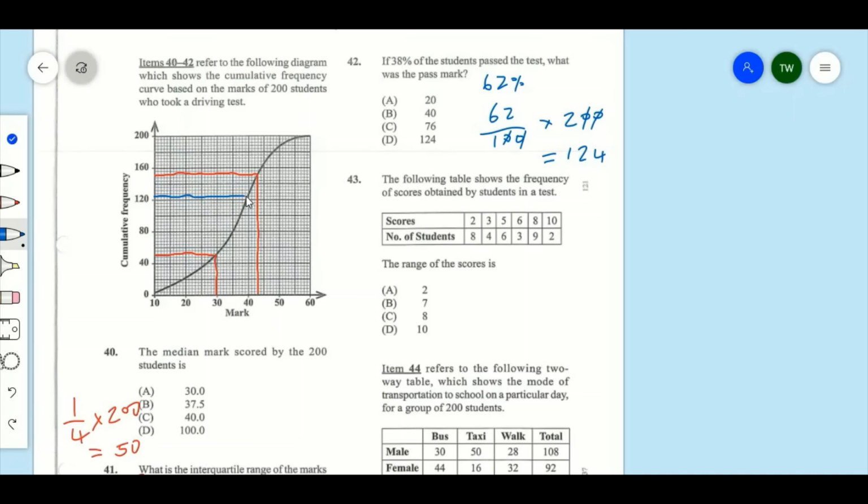And then when we touch the cumulative frequency curve, we're going to go straight down in a straight line and take off the reading down there. And the reading here is 40, right? So our answer for 42 is going to be 40. That means the pass mark is 40, okay?